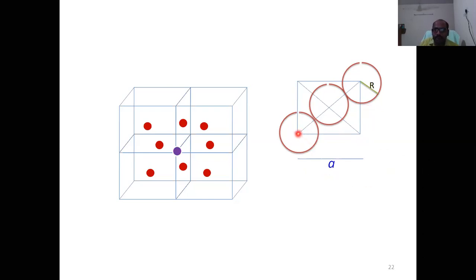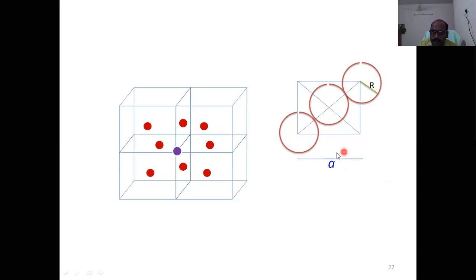From this point to this point, it is the atomic radius r, and here to here is the diameter of the atom, that is 2r, and again here to here one atomic radius. That means totally r plus 2r is 3r, now plus r gives us 4r total.